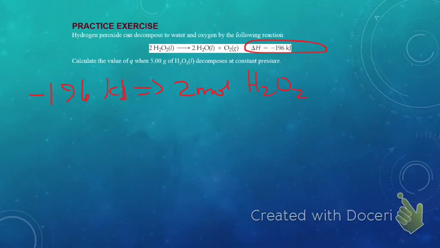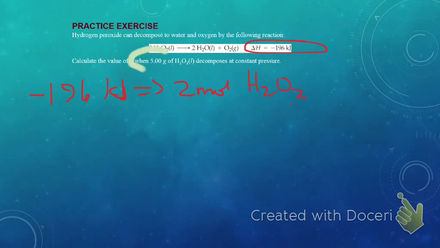It also means that when you make 2 moles of water, negative 196 kilojoules of heat's given off. Okay? So it's stoichiometrically related.